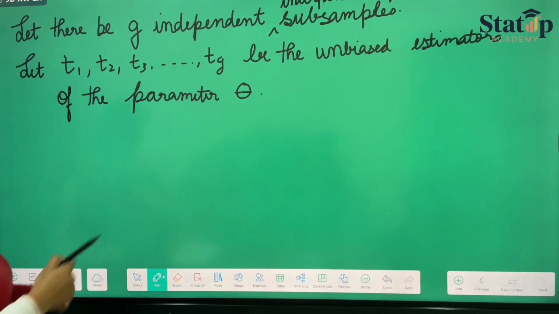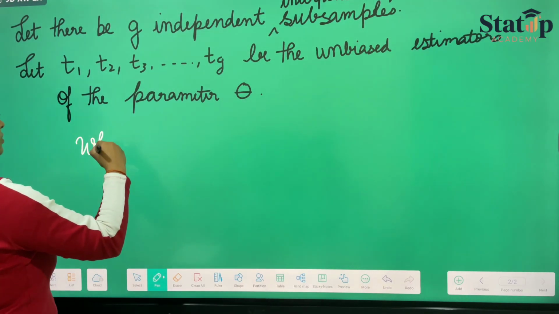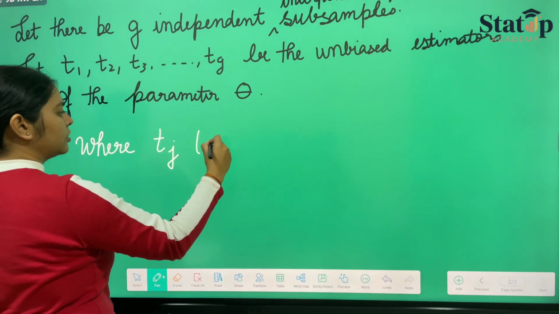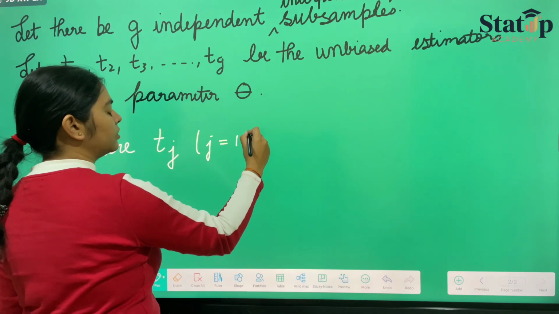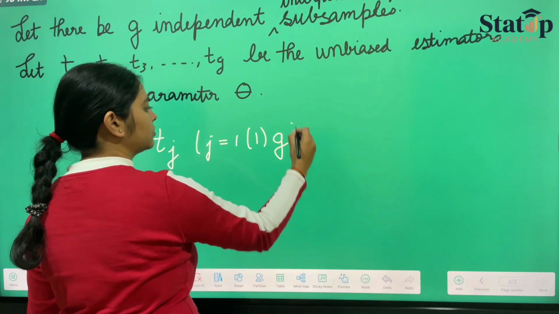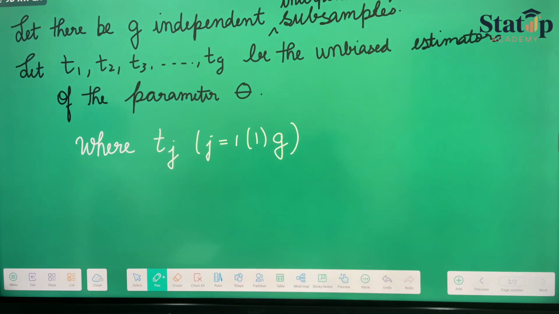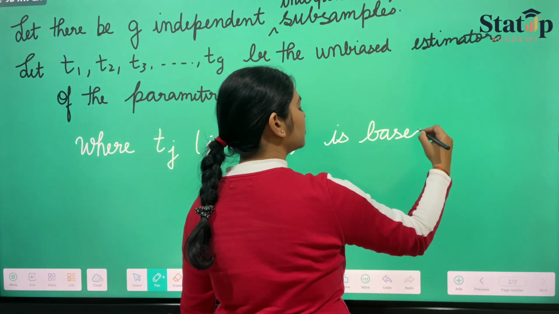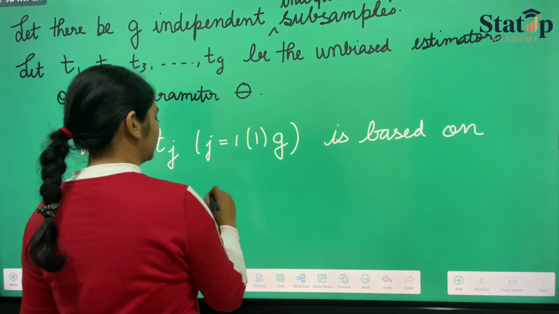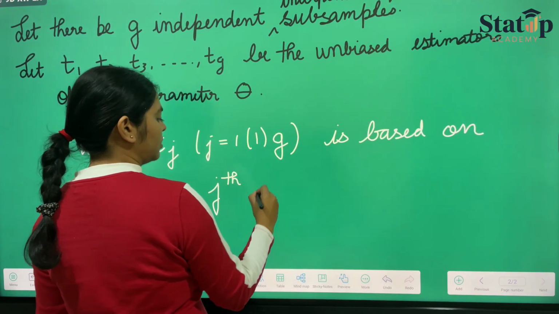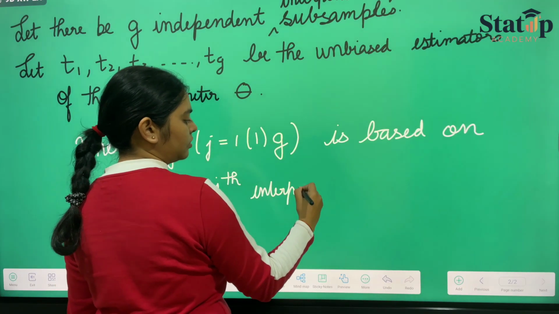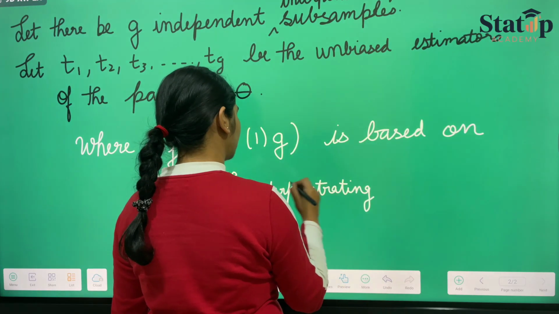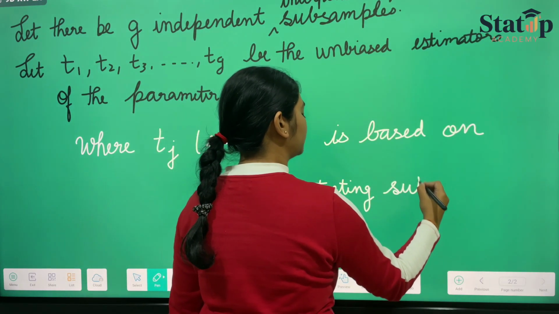So where Tj, j goes from 1 to g, is based on the jth interpenetrating subsample.